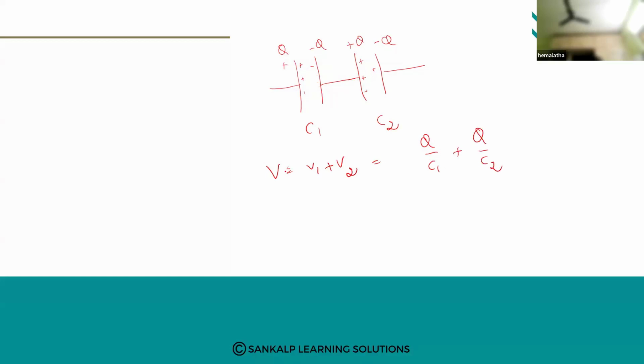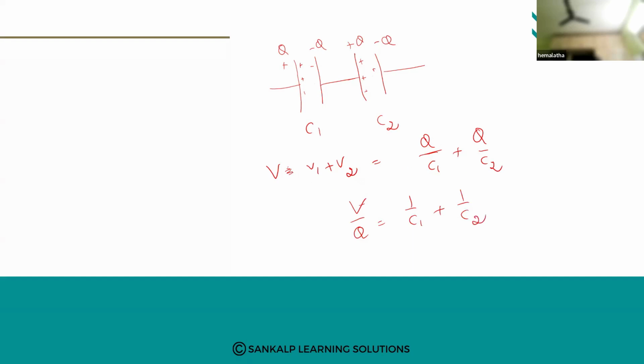What do we have to calculate now? It is the potential difference, but we know that C is equal to Q by V. So V by Q is equal to 1 by C1 plus 1 by C2.